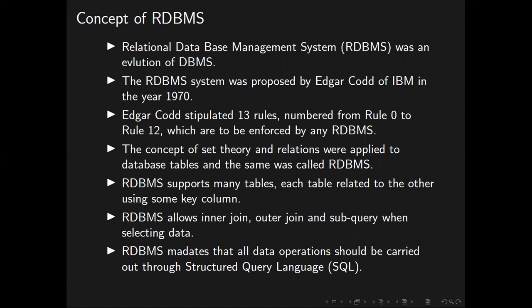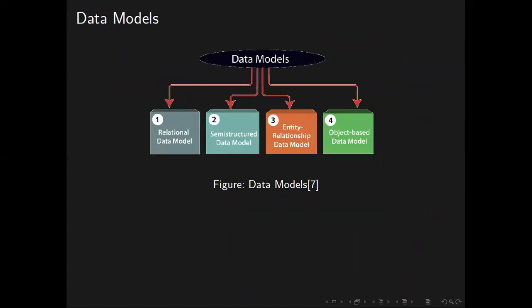Edgar Codd was the person who proposed the relational database system. There are 13 rules numbered from 0 to 12 because of a sentiment in the minds of Westerners that 13 is an unlucky number. Therefore, he named them from 0 to 12 instead of 1 to 13.